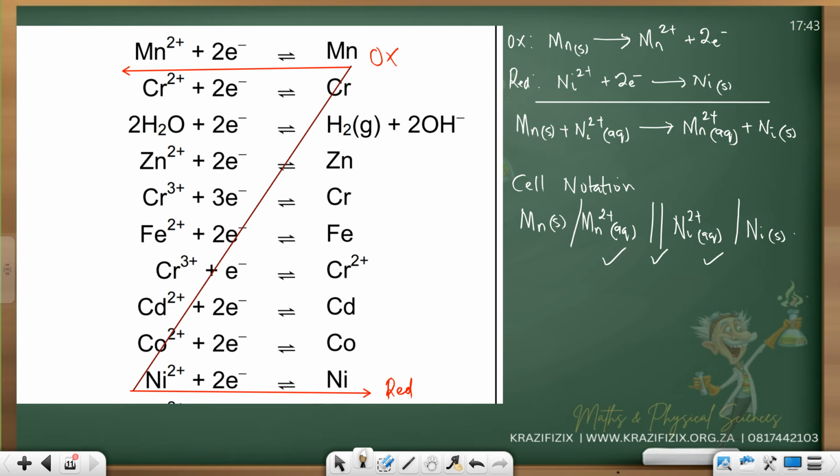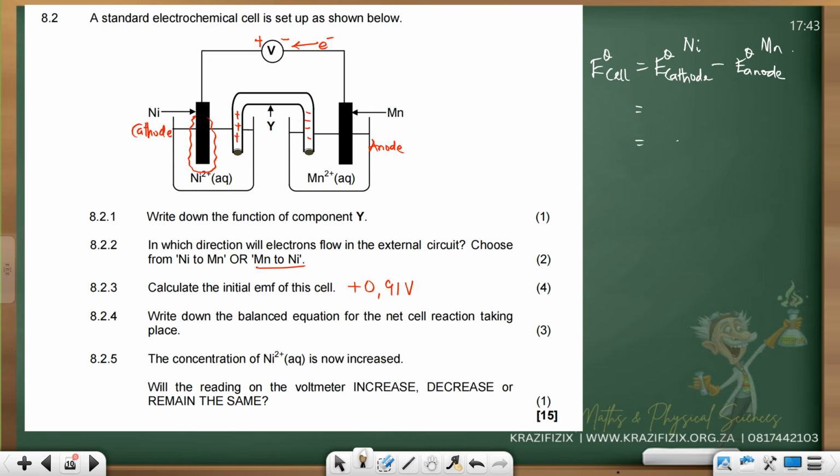All right. The last question. I hope everybody's okay there. Please, here there's no room for error. Let's get it right. The concentration of Ni2+ is now increased. What would happen to the reading? This is beautiful. This is our Le Chatelier's principle. Where is Ni? Ni is the cathode.